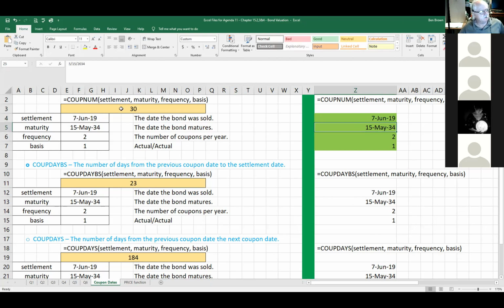And can you see that we get for coup num, which is the number of coupons, 30. For coup days BS, that BS stands for before settlement, is 23. And the coup days is 184.